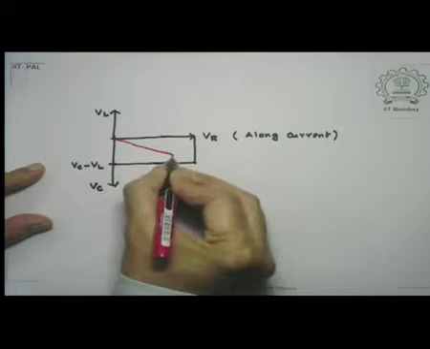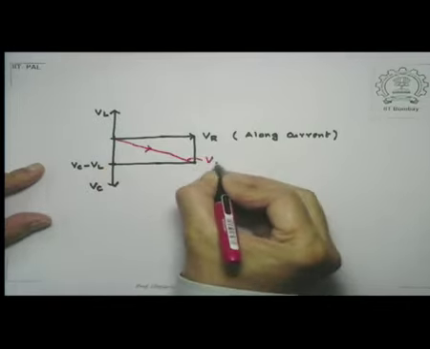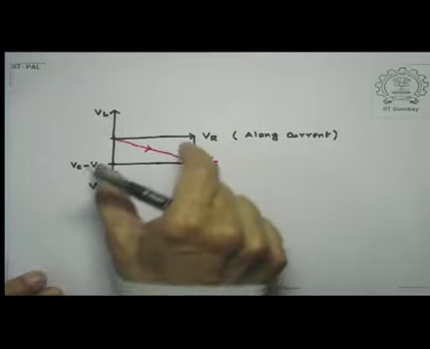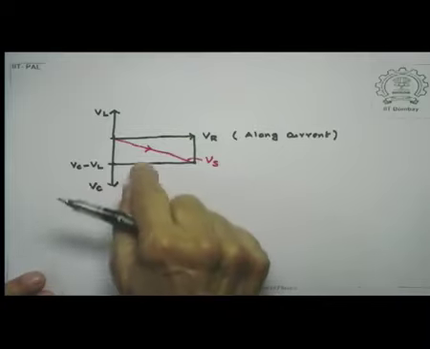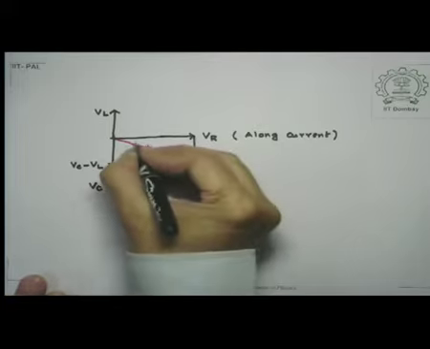So let's call this Vs for the source. And of course, this rectangle would be in the upper half plane if my VL were greater than Vc.